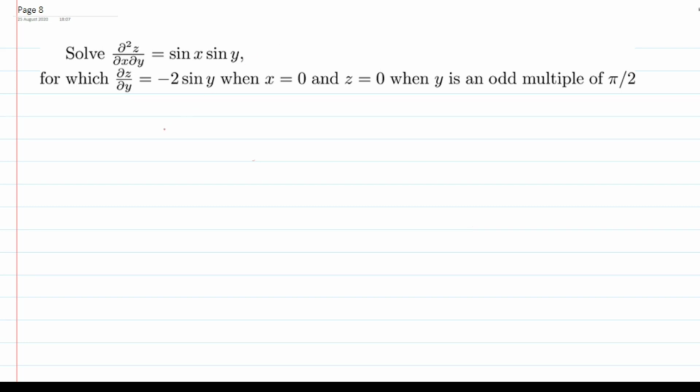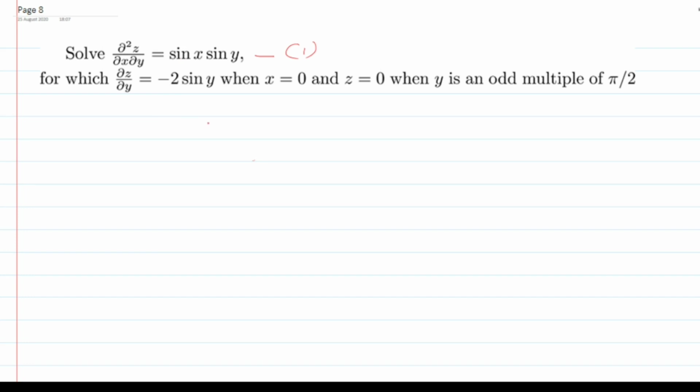Let us do that. Given this equation, we can call it equation number 1, and then we integrate this partial differential equation with respect to x.